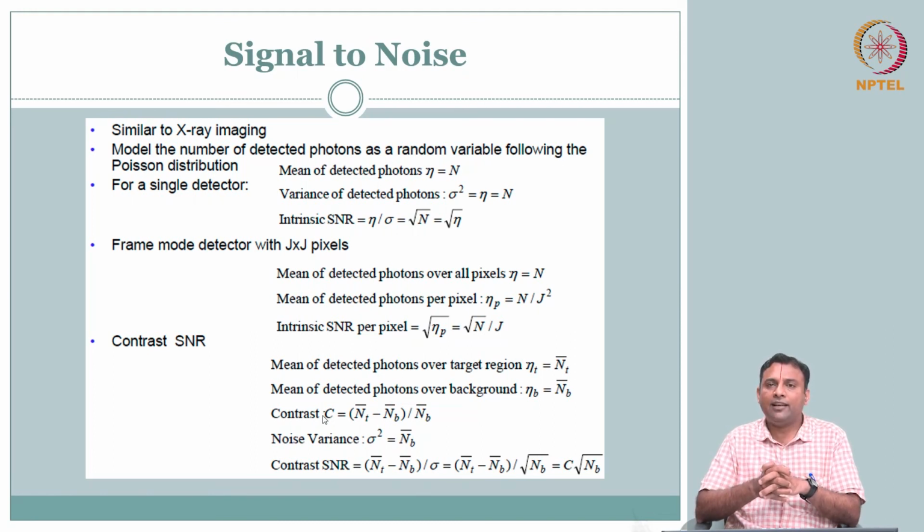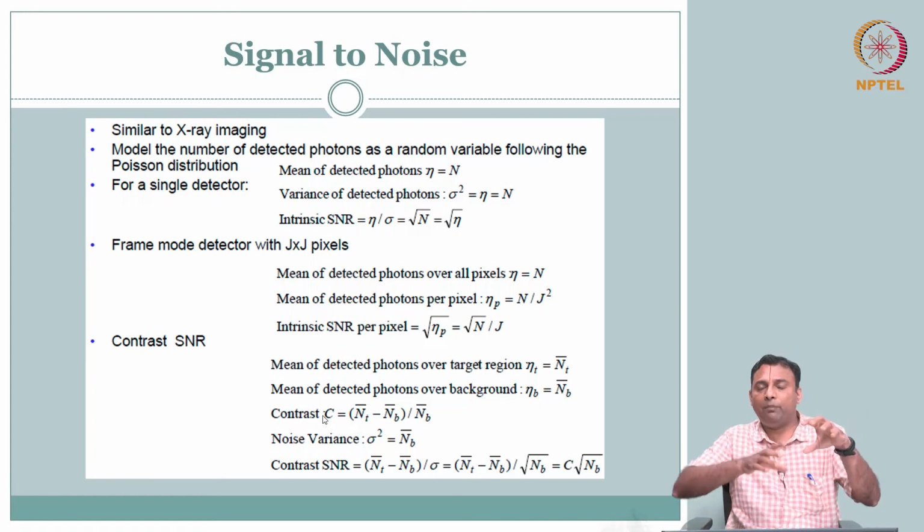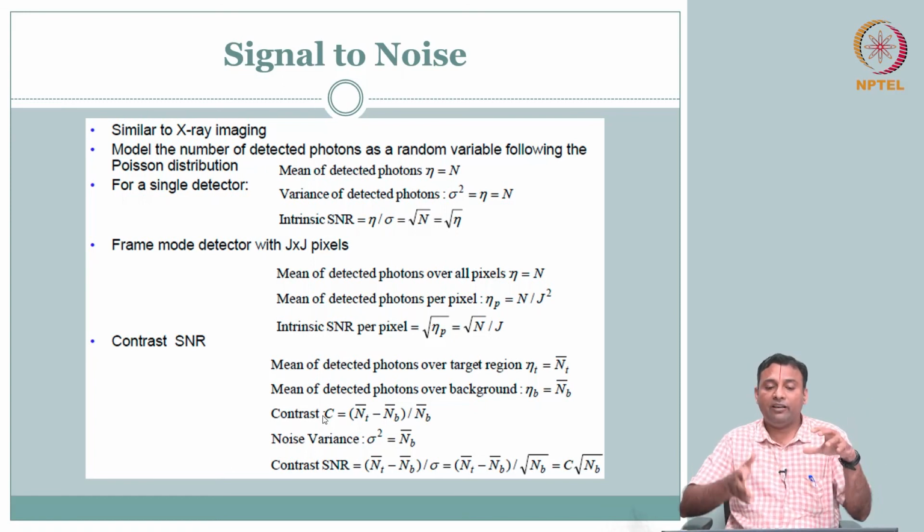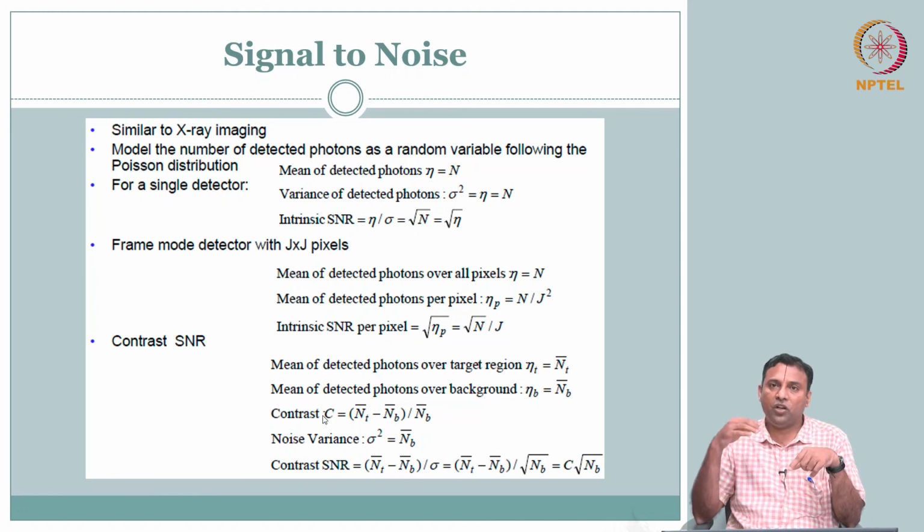Our next agenda is, equivalent to planar radiography, analogous to your projection radiography in X-ray, here we have done planar scintigraphy, and there we did computed tomography. So here we should also get some tomography.